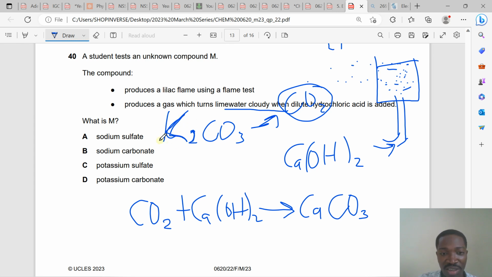What about the first element, the metal itself? Through flame test, we are able to detect different metals, and it is potassium that produces this lilac flame. So we know that potassium is present because of the lilac flame. Then we know that a carbonate is also there because it produces a gas. This is the gas that turns lime water milky. Calcium carbonate has the milky color.